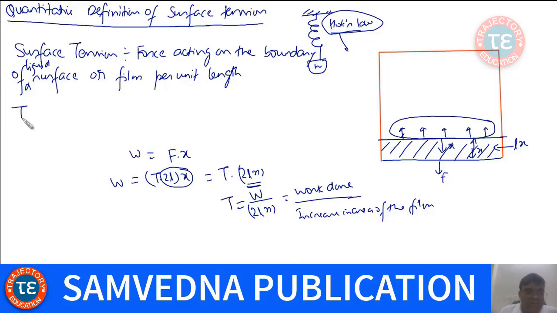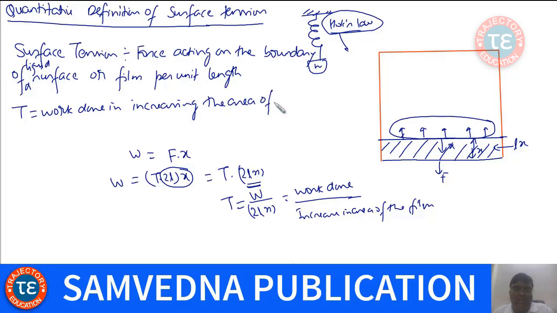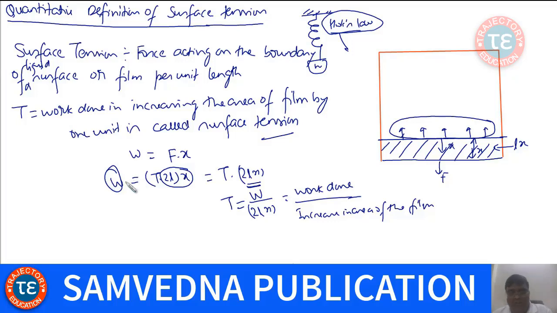So we can define T as the work done in increasing the area of film by 1 unit, which is called surface tension. And whatever work you have done, where will it get stored?